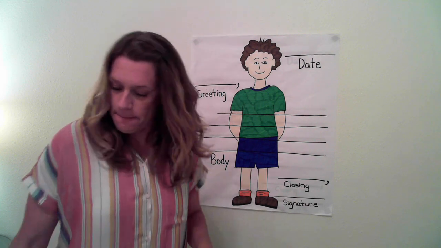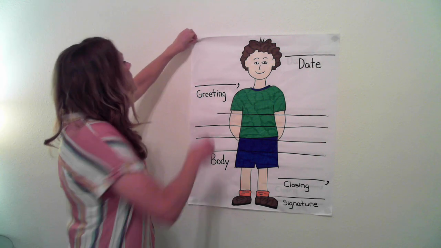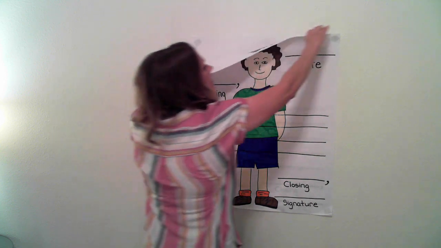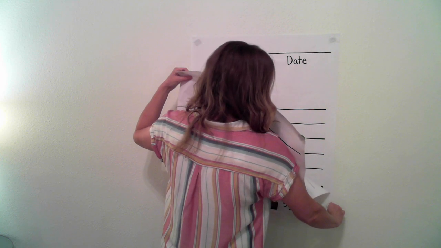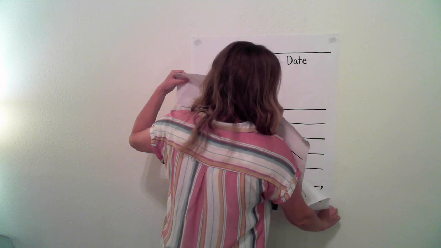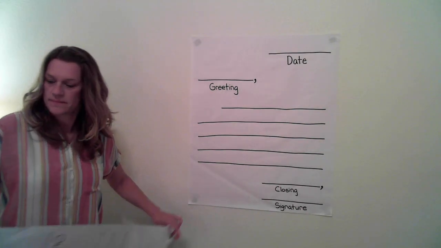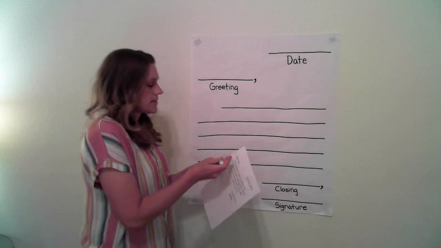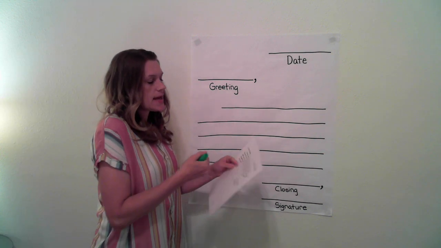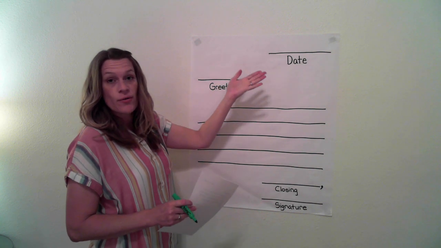All right. So let's practice writing a friendly letter together. Okay, so as we talked about, we start with the date at the very top, which is also referred to as the heading.